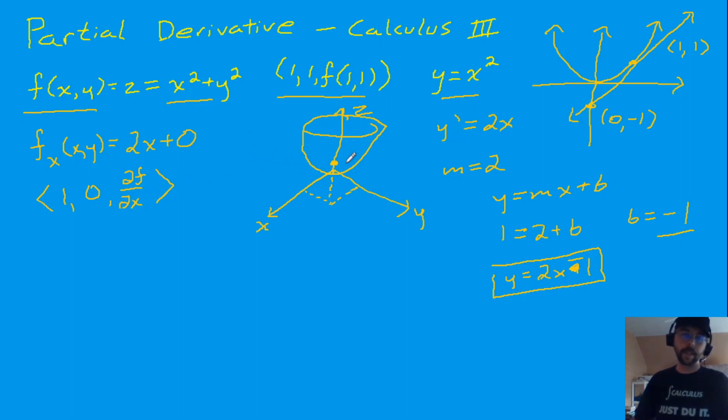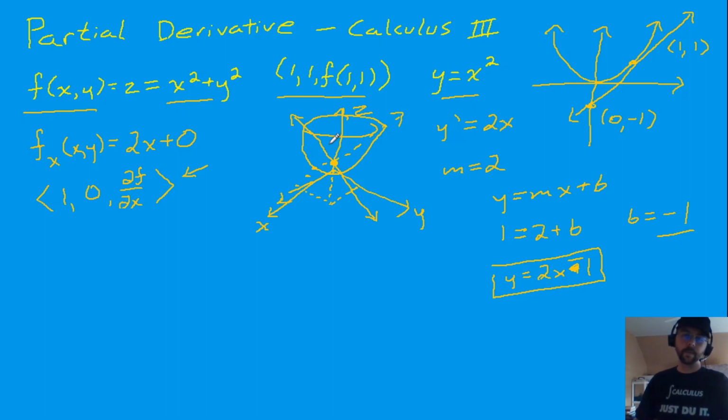And what I mean by that is, what this will tell us is if we have a tangent line to this point that's tangent to our surface, but the line is parallel to the x-axis, the direction of this line is found by this vector equation. And if you change this to partial f with respect to y, it would be the same, but it would be parallel to the y-axis.